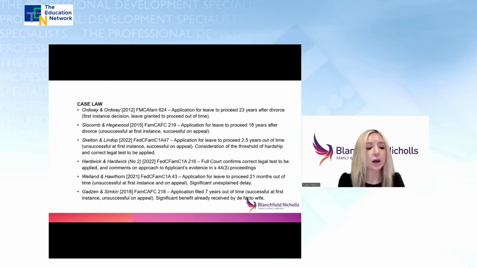There was also an argument about the adequacy of the explanation for the delay and the extent of hardship the applicant will suffer if deprived of leave to bring the application for substantive relief out of time. The application for leave to proceed out of time was heard as a discrete issue, as a threshold hearing, which, as I've mentioned earlier, is ordinarily how these applications are dealt with.